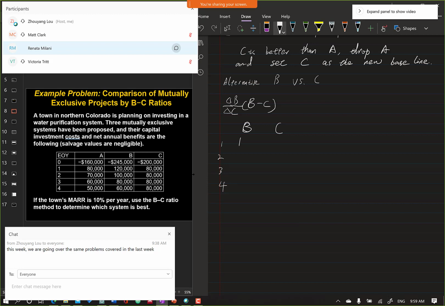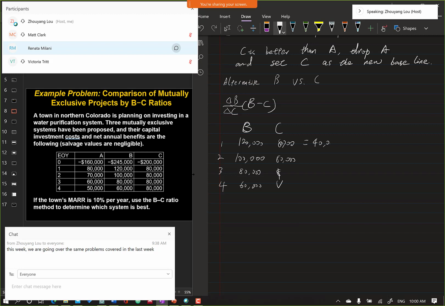B is 120,000 for the first year, then 100,000, 80,000, 60,000, and for C it's all the same, 80,000, 80,000, and all the way. So the difference between B and C, we just use the benefit of B minus the benefit of C each year.